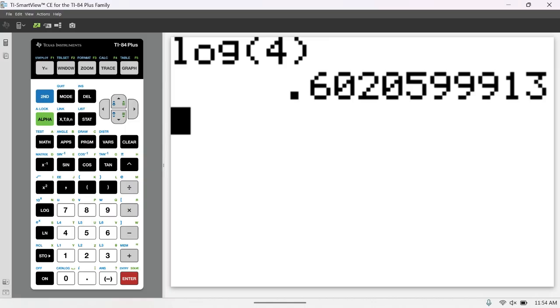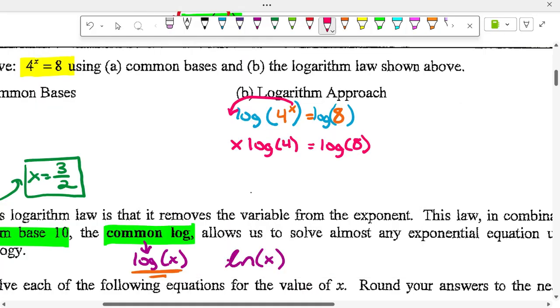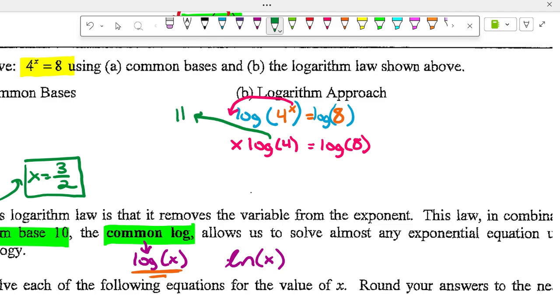Do I, in fact, get a number? Yes. Log of 4 is a number. So we can treat it like a number being multiplied to x. Log of 8 is also a number, a log of a number is a number.